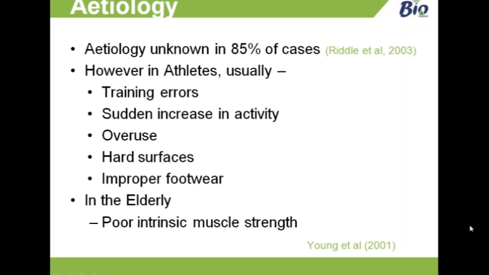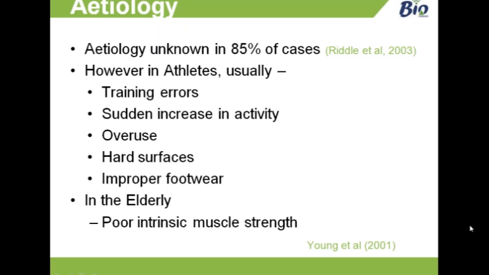So let's have a look at what causes this condition. According to Riddle, in 85% of cases we're not sure what causes it, but we can make certain assumptions. In athletes, or particularly athletic patients, plantar fasciitis appears to be associated with things like training errors or a sudden increase in activity, so maybe someone who's decided they're going to run a marathon.